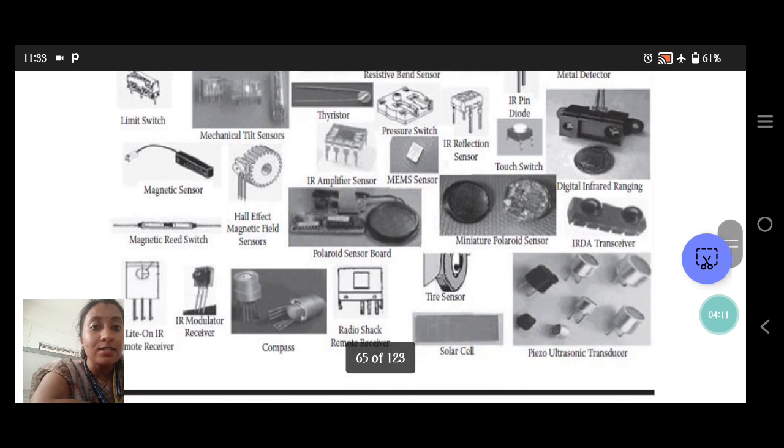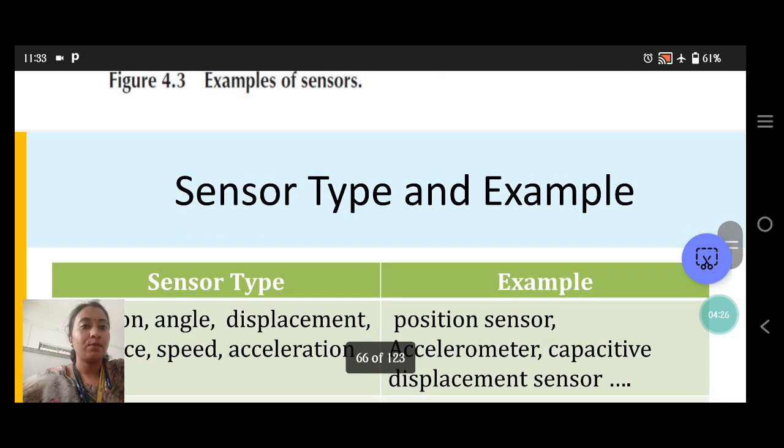These are the sensors mostly used in various fields. Also compass, solar cell, piezoelectric ultrasonic transducer, IR modulators. These are examples of sensors.